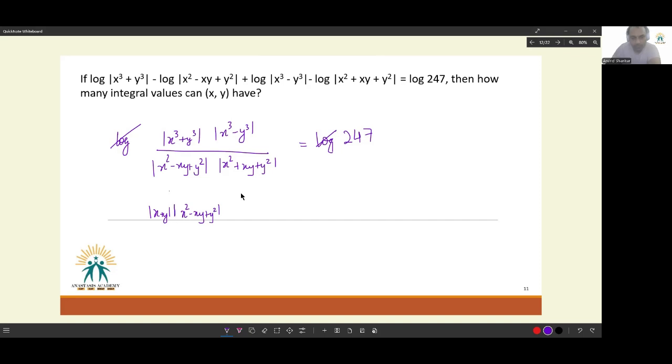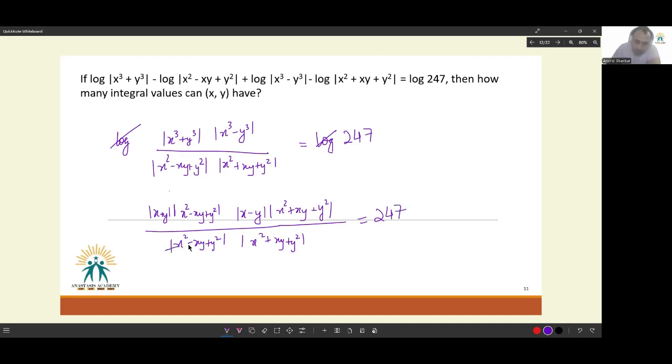And mod of x cube minus y cube will get simplified to mod of x minus y and mod of x square plus xy plus y square, whole thing divided by mod of x square minus xy plus y square into mod of x square plus xy plus y square is equal to 247. Now this is wonderful.